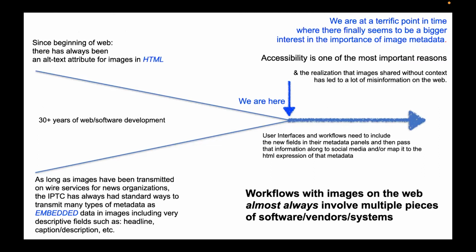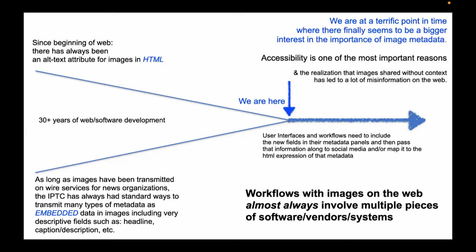But there has been 30 years of web and software development where we've had the alt text being poorly used, and then we've had the embedded data, which has included some very descriptive fields such as headline and caption, but we know those are not really what's useful for accessibility for someone who cannot interpret the visual information.